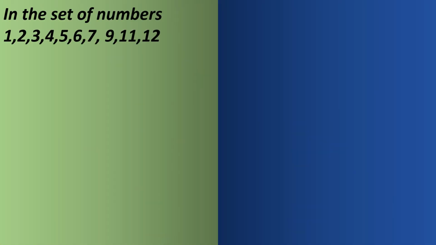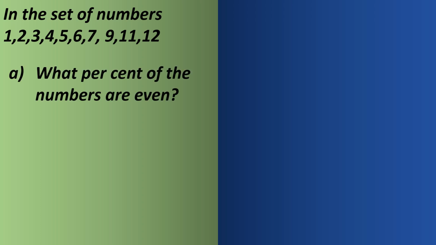Next question: in the set of numbers 1, 2, 3, 4, 5, 6, 7, 9, 11, 12, what percent of the numbers are even? So at first, to find the percentage of even numbers, let us find out how many even numbers there are. Just circle those even numbers.